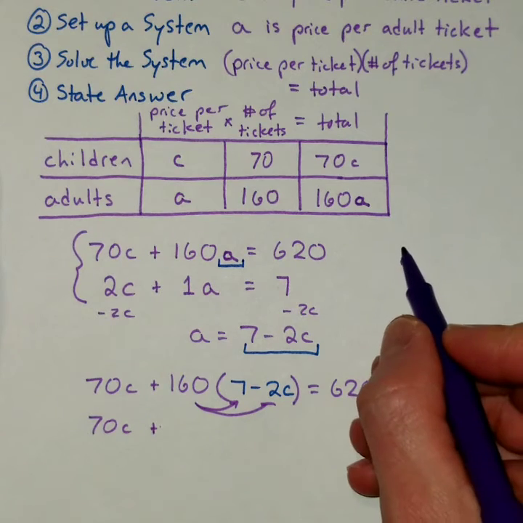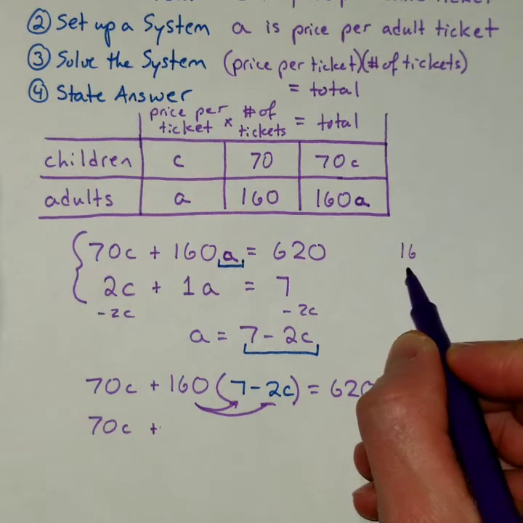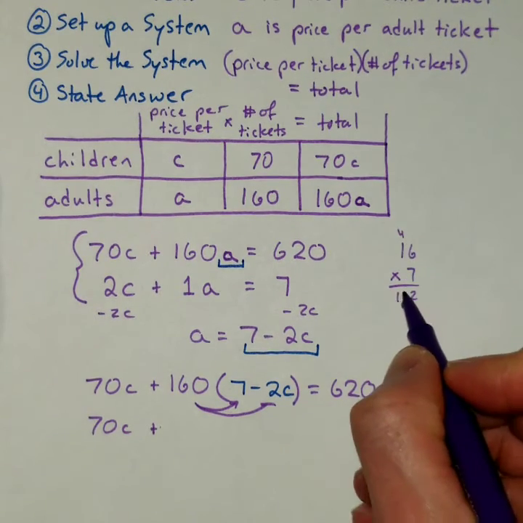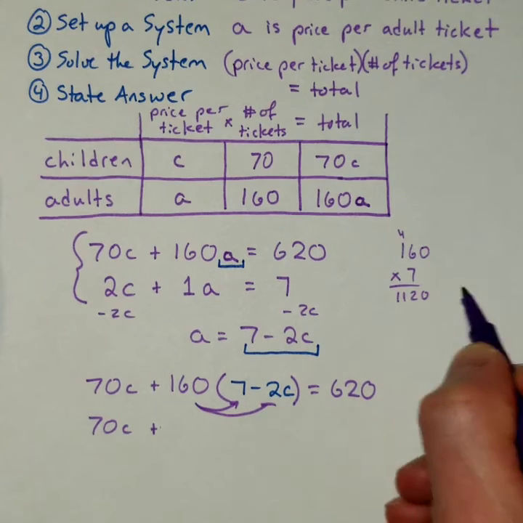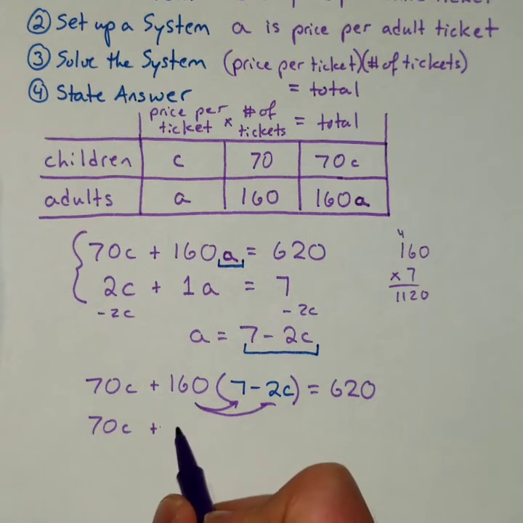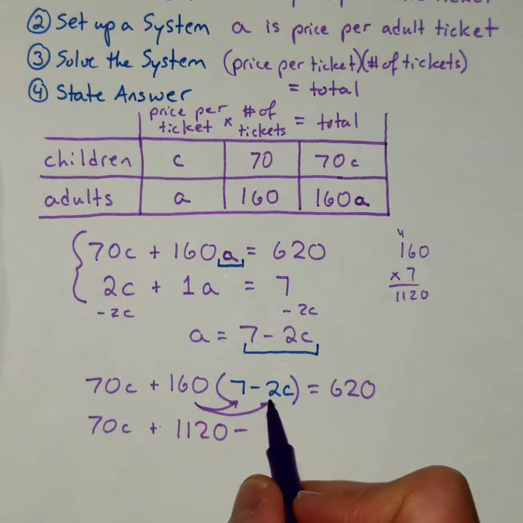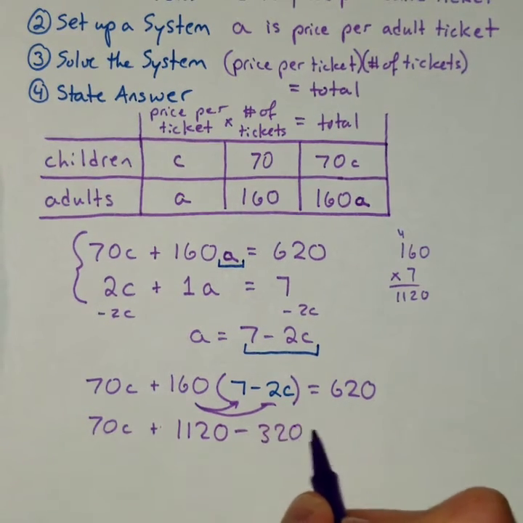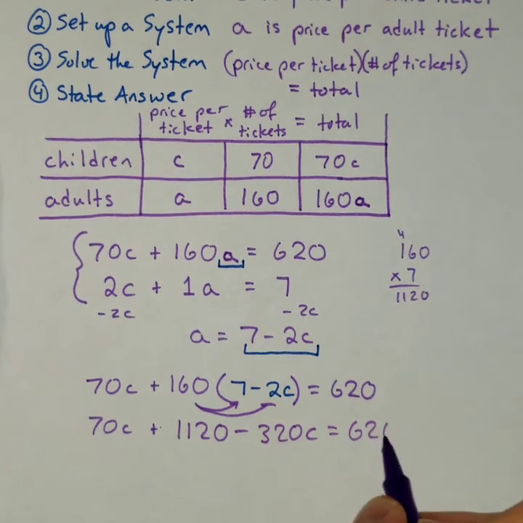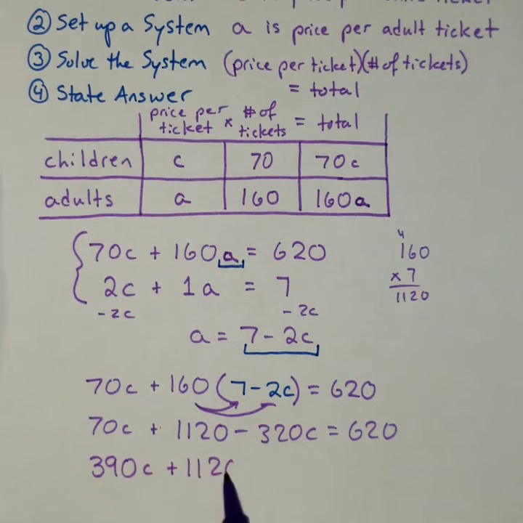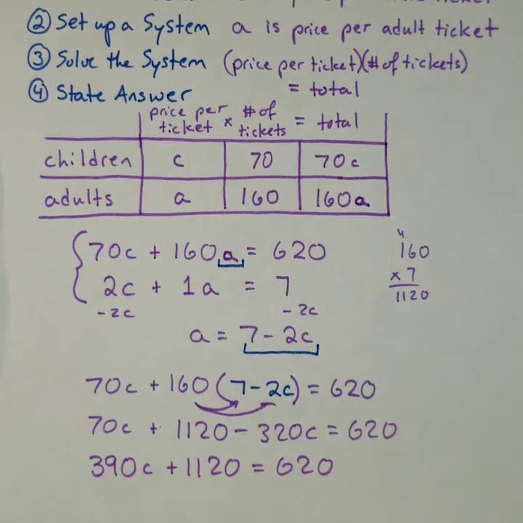So I'll take that off to the side. 16 times 7 real quick, that's 112. I need a 0 on the 160, so it's 1120. Minus, now 160 times 2 is 320. I'm going to combine my like terms, my C's.